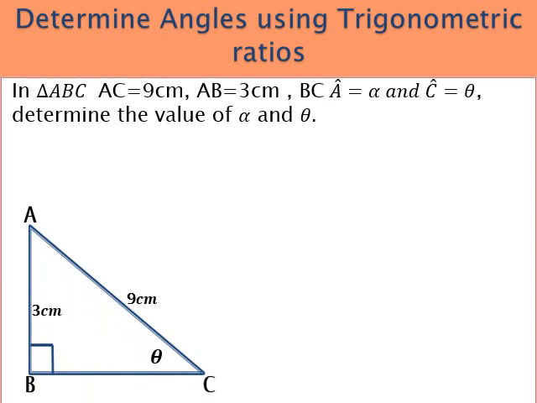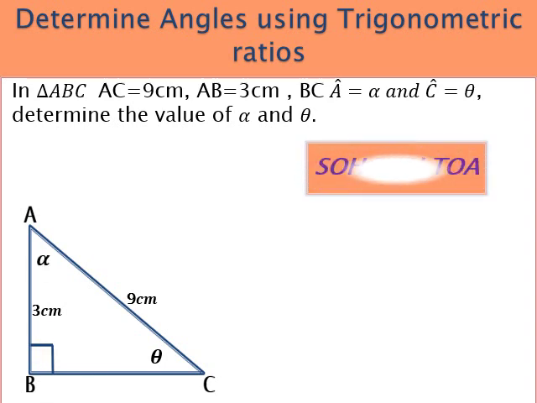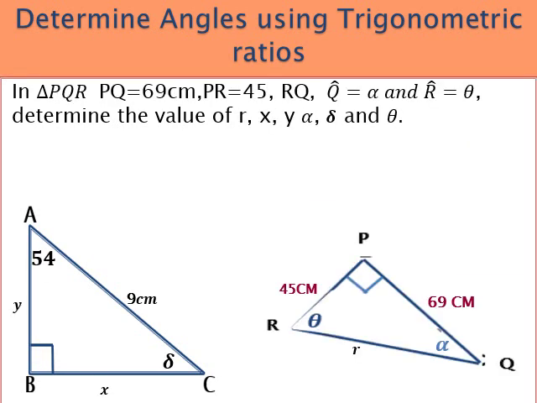Something for you to do. In this specific triangle, you have that there, so you can also practice with this one and see if you understood. If you don't understand, you can go back and listen to my previous slides explaining how to do this specific thing.